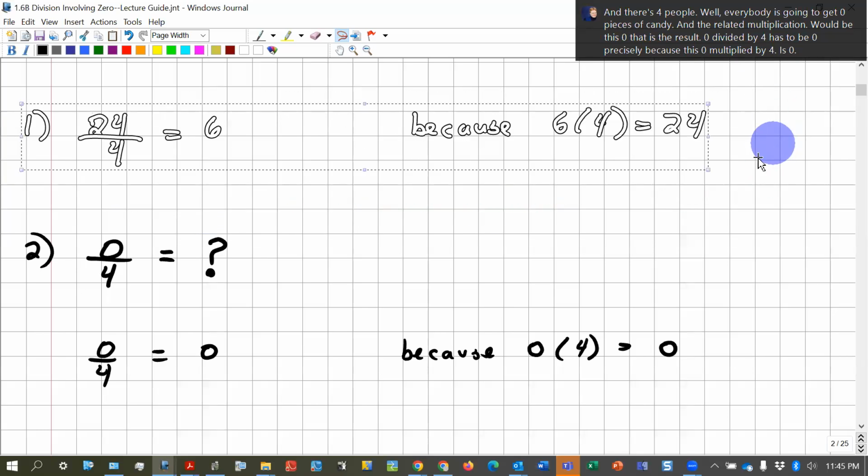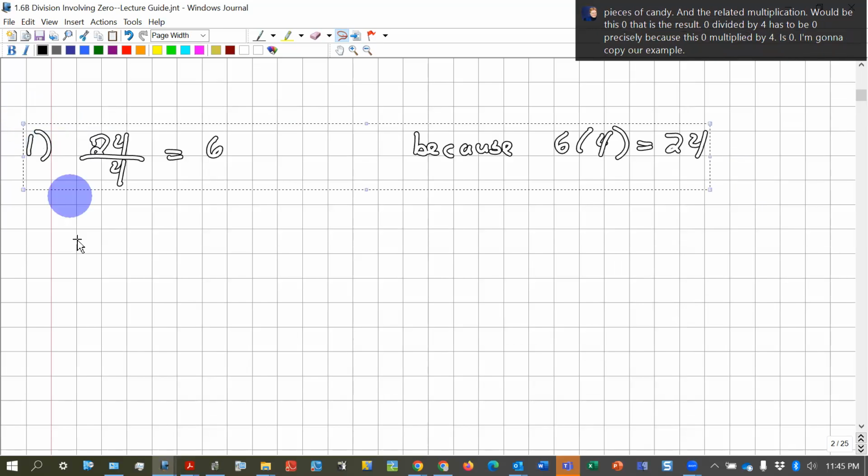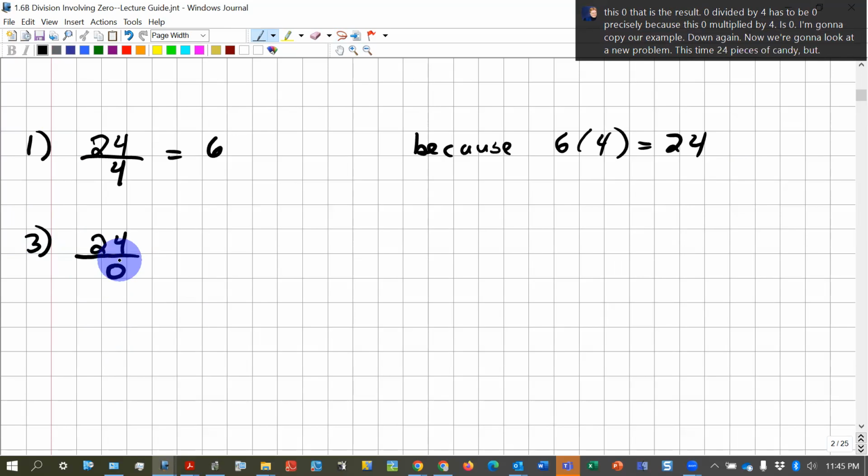I'm going to copy our example down again. Now we're going to look at a new problem. This time, 24 pieces of candy, but 0 people.